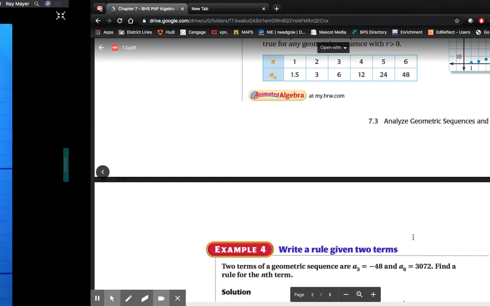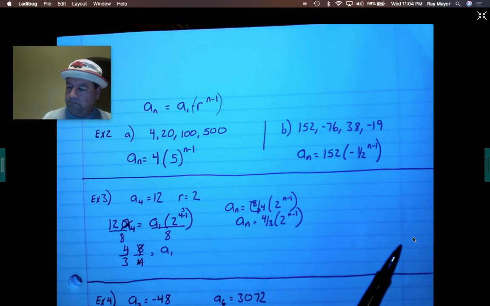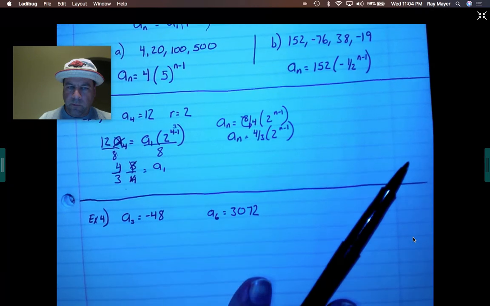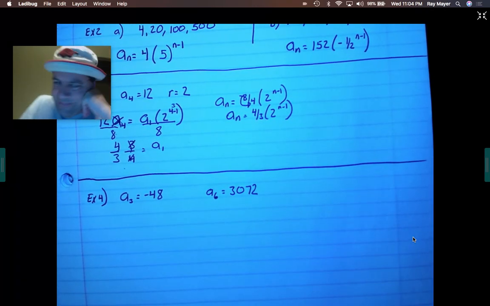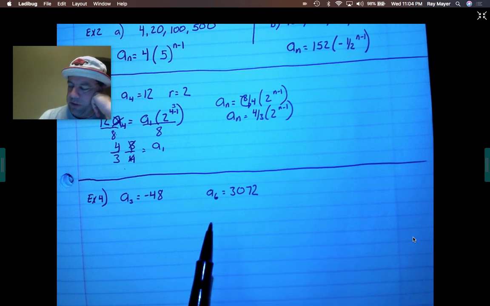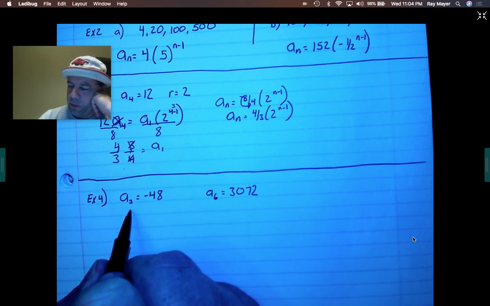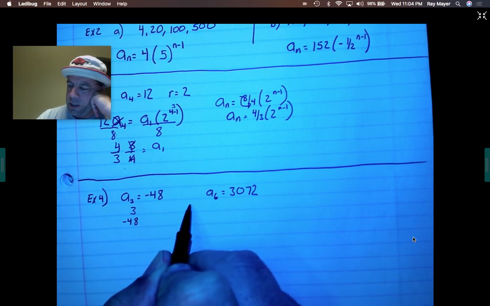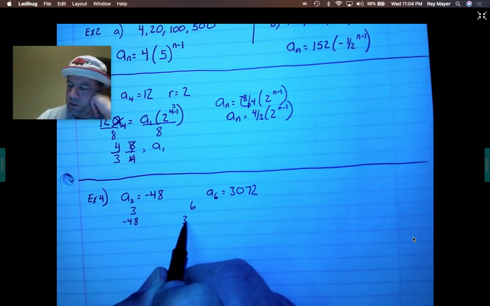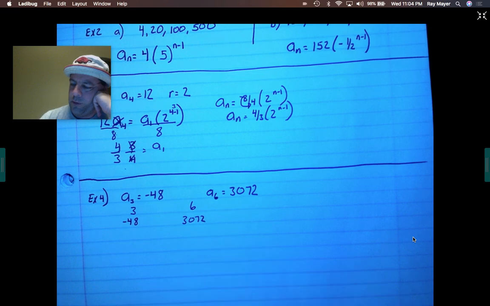Find the rule for the nth term. All right, find a rule for the nth term. Now, you guys probably figured this out a little bit better. If this is the third term and it's negative 48, and this is the sixth term, which is 3072, we've got to figure out the common ratio to get there.